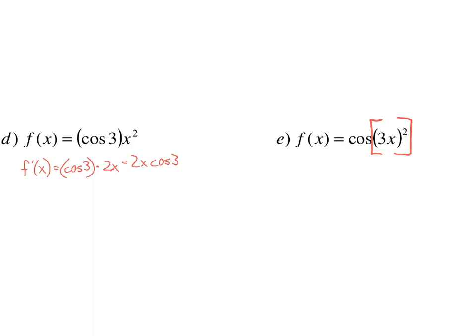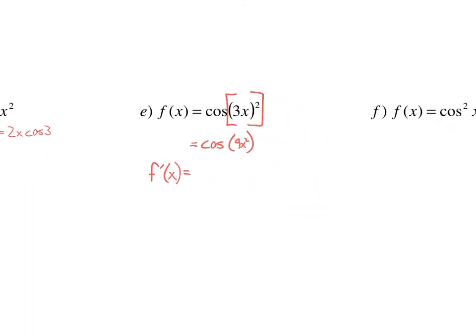We could just simplify 3x quantity squared. That would be 9x squared. We could rewrite this as cosine of 9x squared, and probably that's what I would do. So there's f, so now f prime, what's the outer function here? Cosine, so the derivative of cosine is negative sine, and it's the negative sine of what? 9x squared.